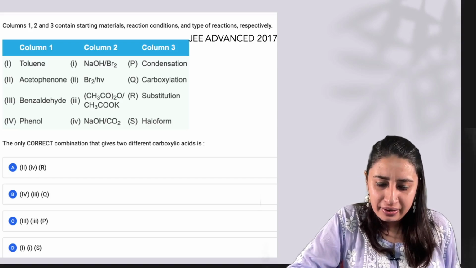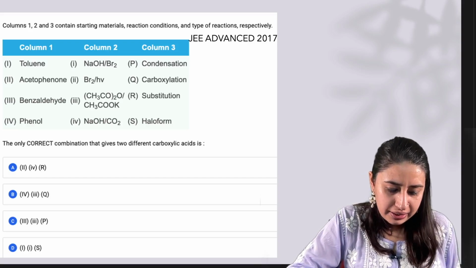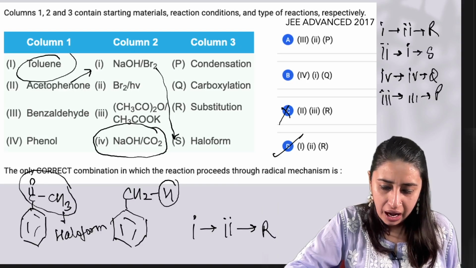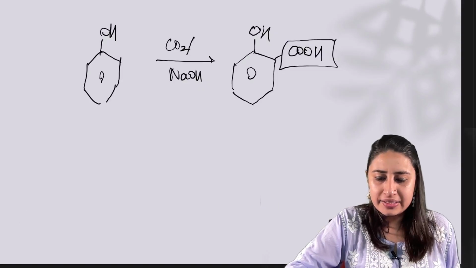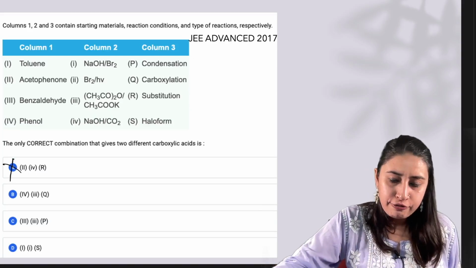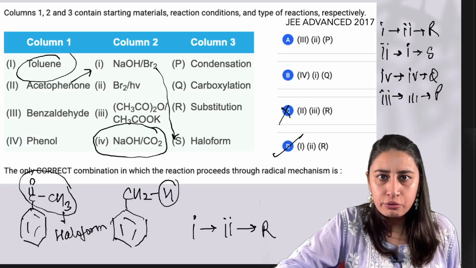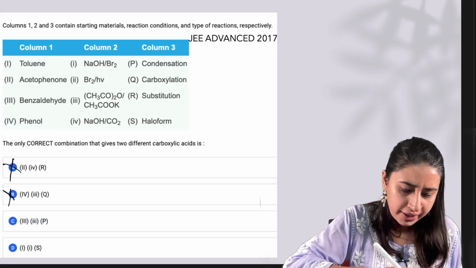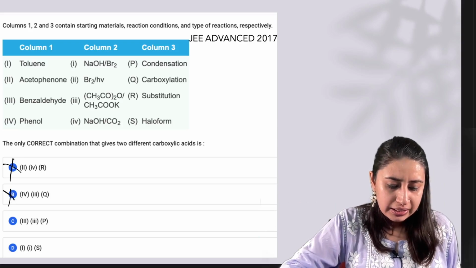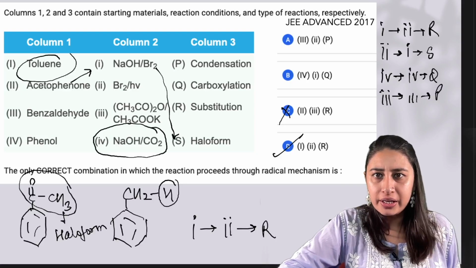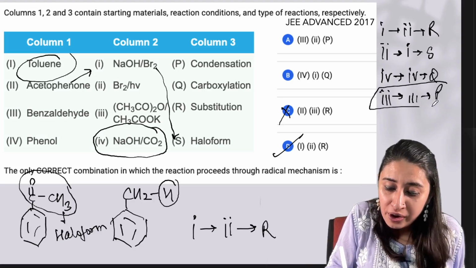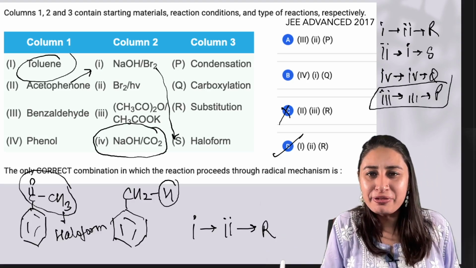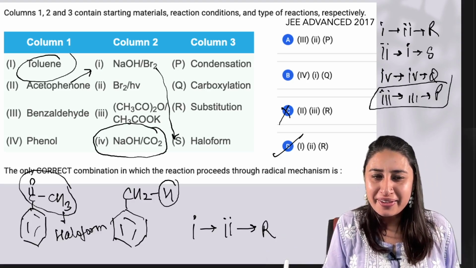So if you see here, our answers second, fourth and R, second, first and S, so this is also not correct. Fourth, third and Q, no, fourth we are getting, so this is also not correct. Third and P, by default it is coming out to be correct.